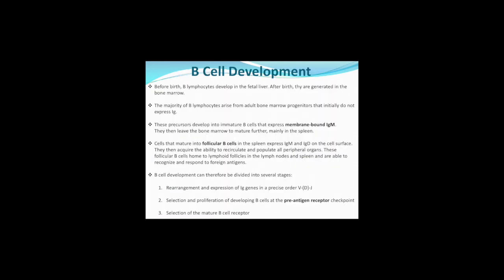So in terms of B cell development, in the early stages, just after gestation, the fetal hematopoiesis occurs not in the bone marrow but in the liver. And then, as the fetus develops, the hematopoiesis shifts from the liver to the bone marrow.